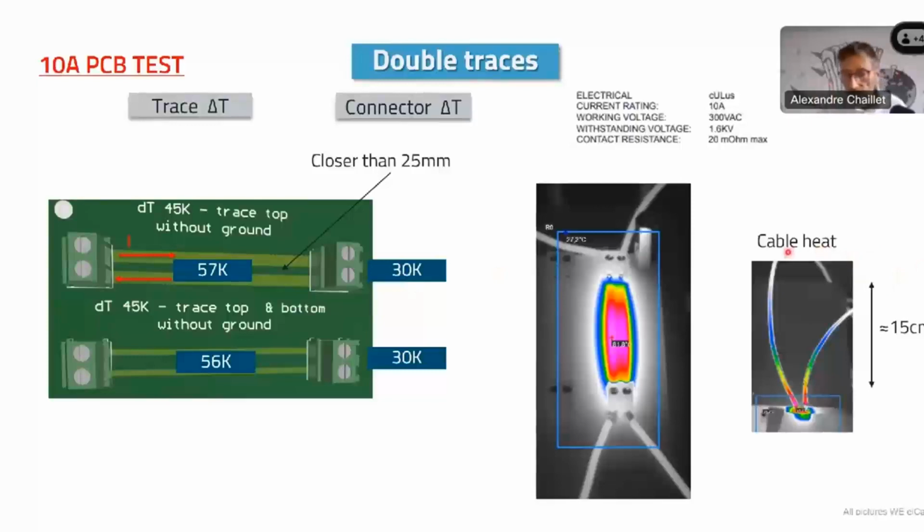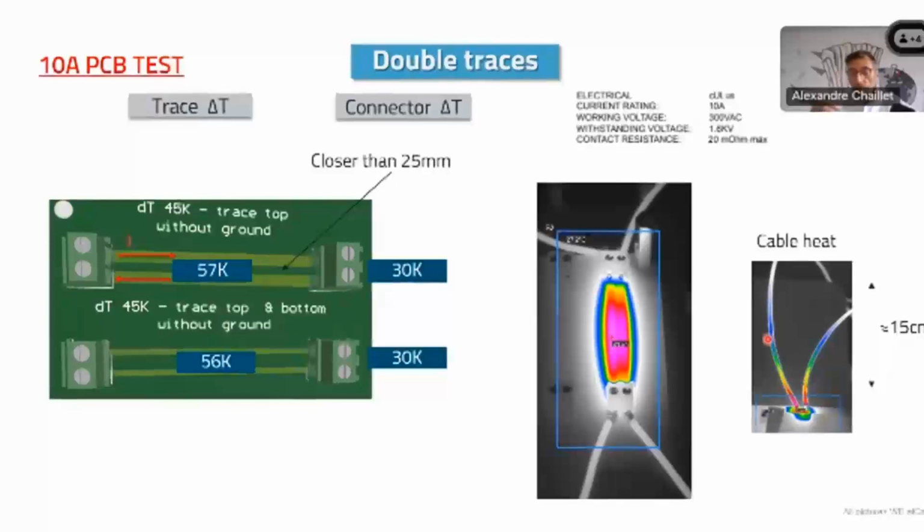Now we want to do one additional thing, which is quite interesting. This is a picture of the cable. You see that the connector and also the cable, because the cable is made of copper, will pull the heat out of the connector and out of the PCB. That's really important to know. And as you can see, after a while, the wire is cold.